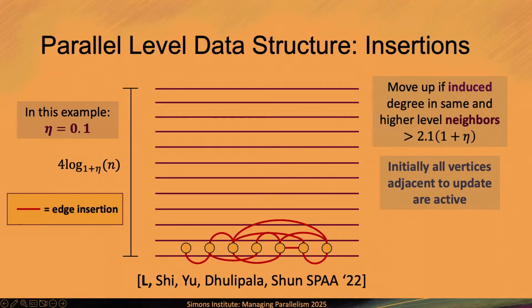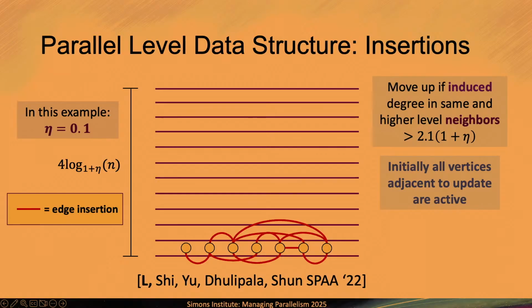Here you have some O(log n) levels. All of the nodes initially start off at the bottom, and suppose that all of these red edges are edge insertions, so it's a batch of edge insertions to your graph. Now, you move up a node if the induced degree in the same and higher level neighbors is greater than 2.1 times (1 plus eta), where eta is some constant factor between 0 and 1.